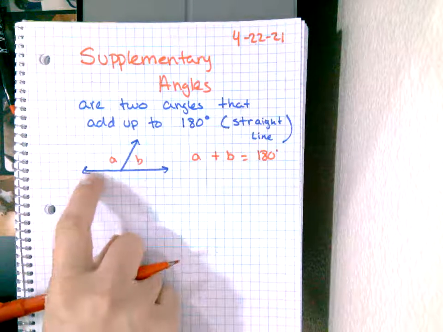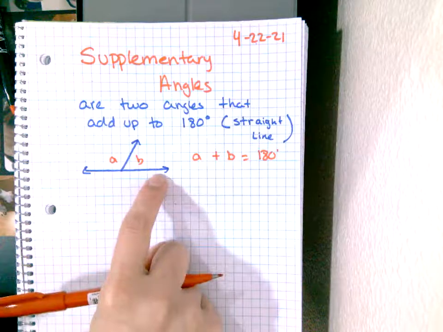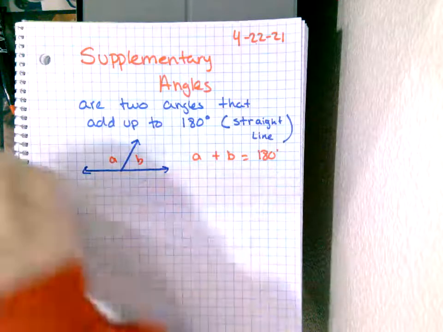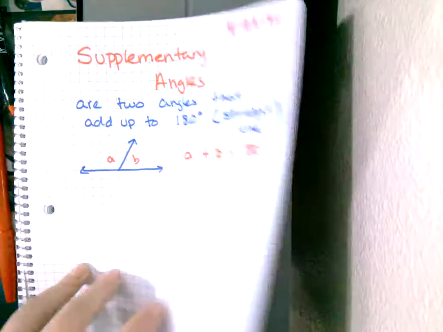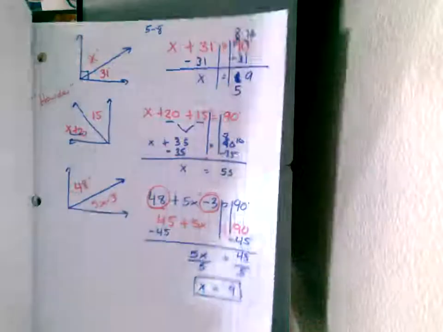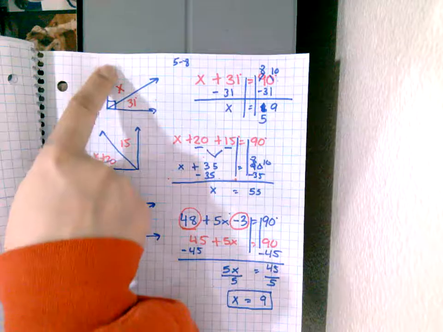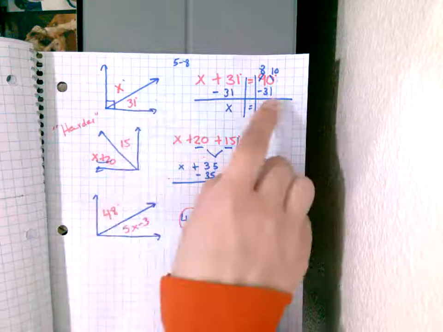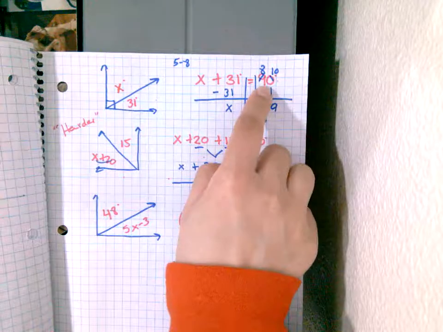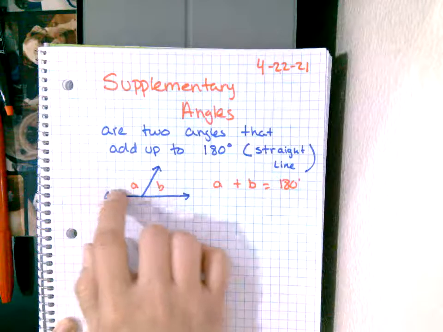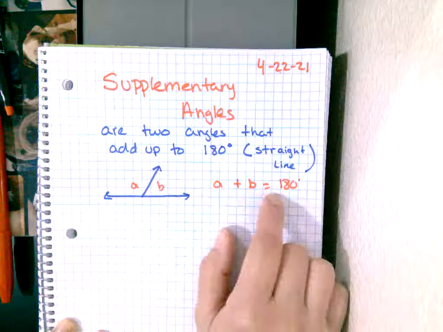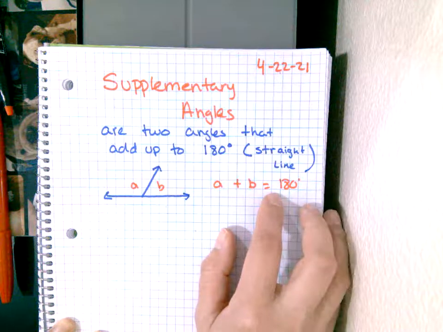When it looks like a straight line, it equals 180 degrees. Yesterday, I'll flip it back, it looked like the corner of your paper, right? So if it looks like the corner of your paper, it equals 90 degrees. When it looks like a straight line, it equals 180 degrees.